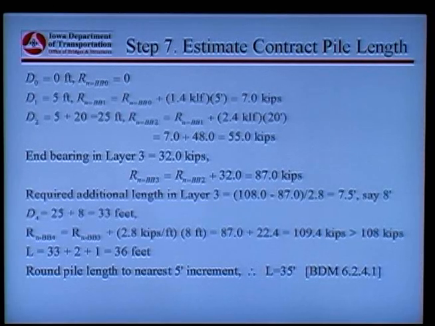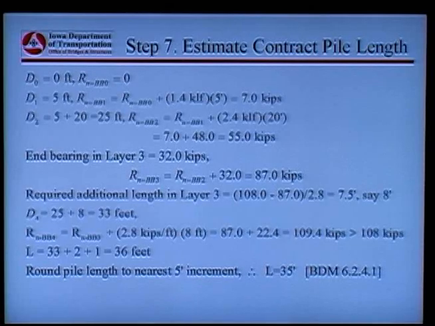Next you continue to layer 2, right? Because you know that up to layer 1 you only have 7 kips, but what we require is 108. So we continue to layer 2. We have down to a total of 25 feet, 5 feet of clay plus 20 feet of sand, right? And the nominal resistance up to layer 2 is equal to the nominal resistance from layer 1 plus the contribution from layer 2.